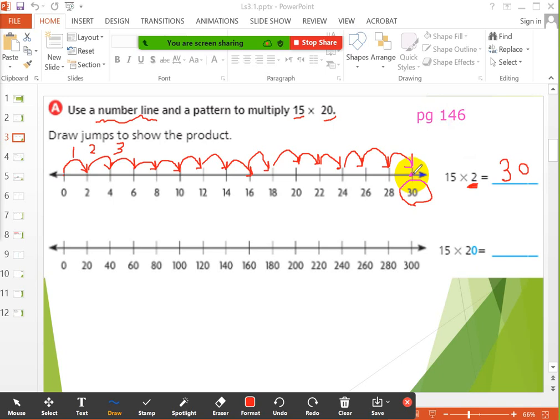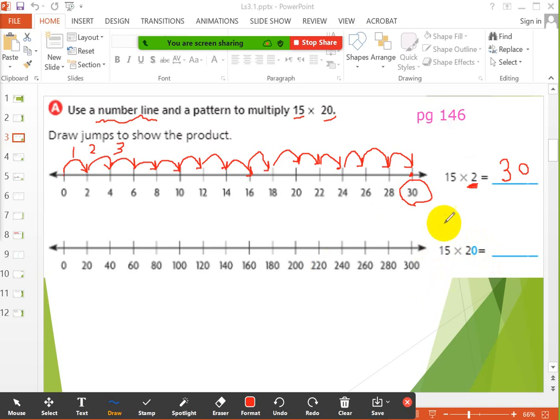So that means, according to the number line, I stopped here after 15 jumps. I stopped here on number 30. So that means this is the answer for this multiplication. It will be 30. Now, if I want to find the answer for 15 multiplied by 20.